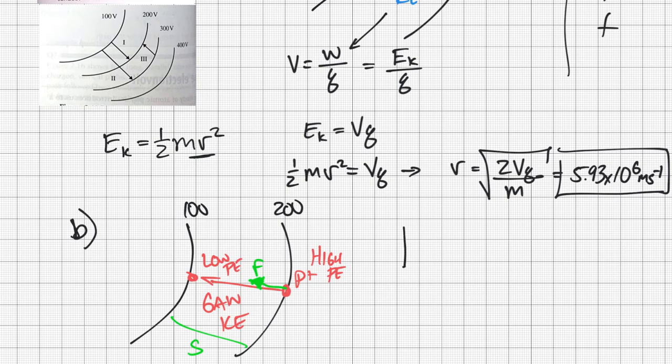So we're going to use the same equation that was produced right here, where our velocity equals the square root of 2 times electric potential difference times Q over mass. Now, in this case, you have to be careful because this would actually produce a 100 minus 200, a negative, but we're just looking for the value here.